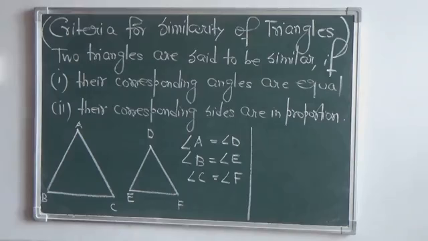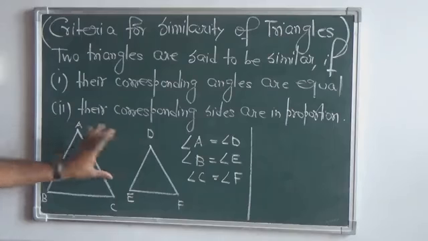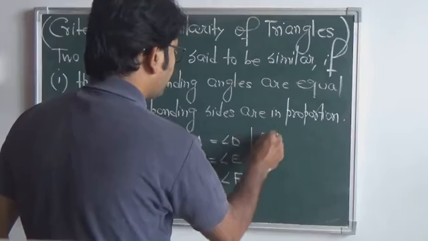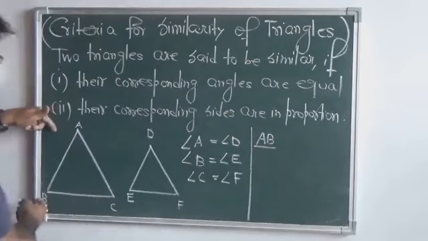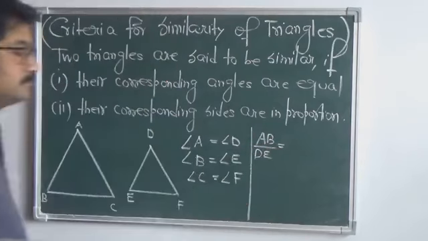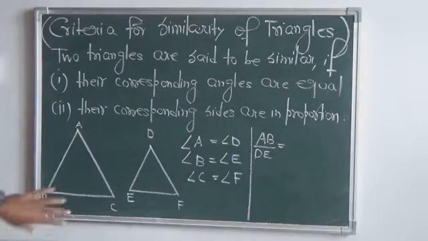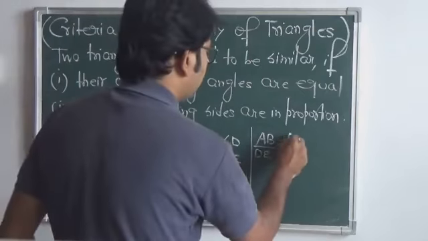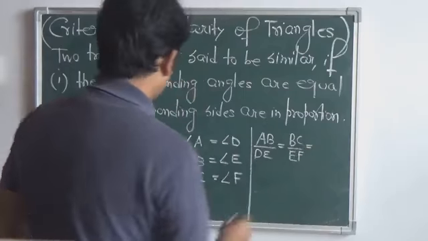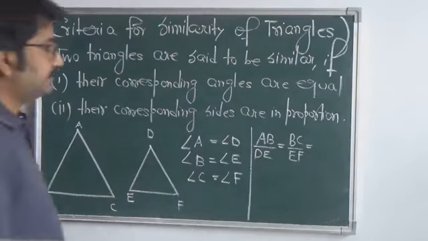If they are similar, then the sides are proportional, that is AB by DE equals to BC by EF equals to AC by DF.